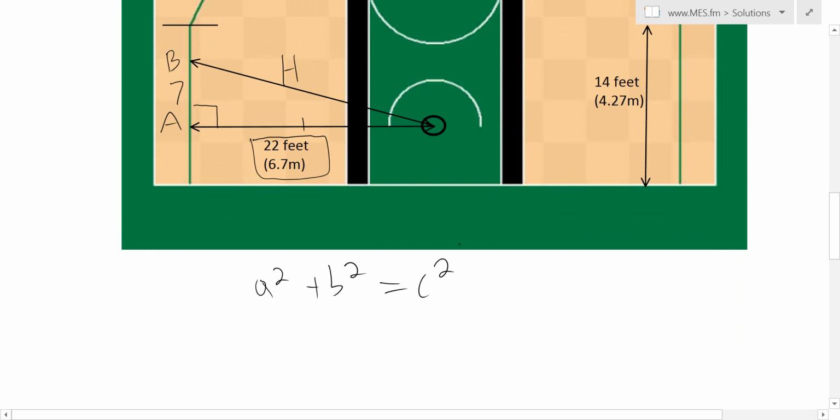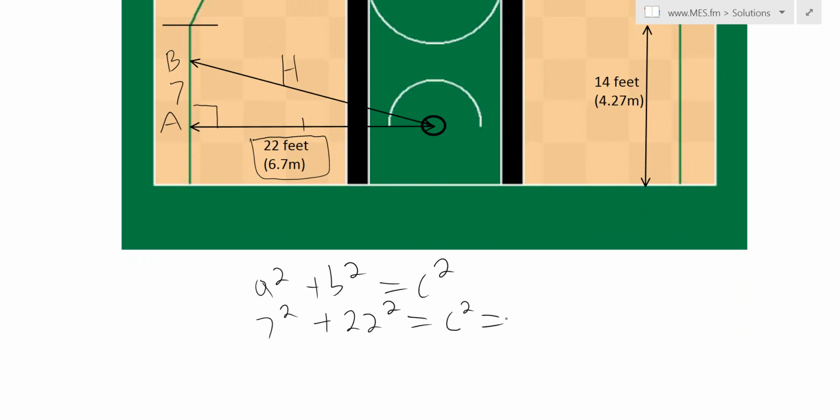So you can watch our previous video to see the definition and the proof of Pythagoras if you want, but now what we can do is calculate the hypotenuse, which is 7 squared plus 22 squared, which equals our c squared. And in this case it becomes 533.